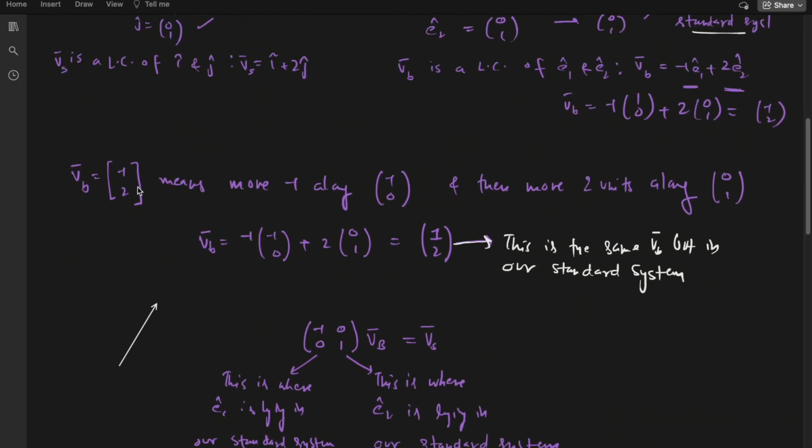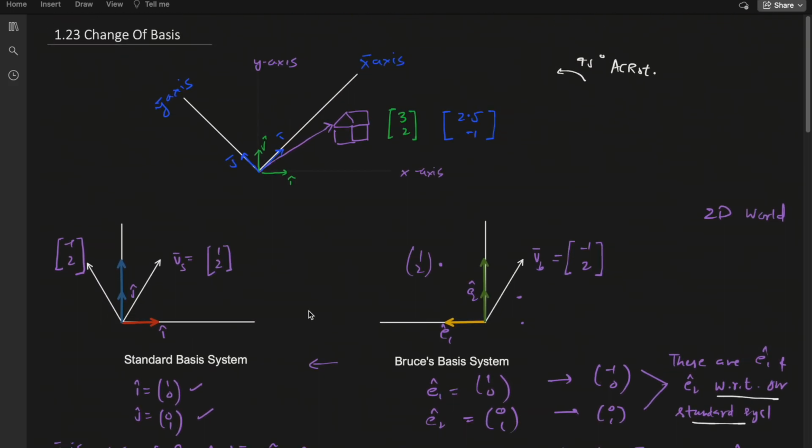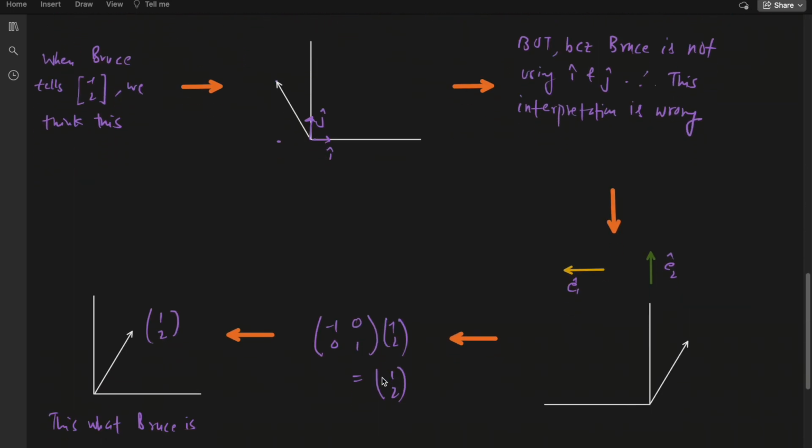So -1 comma 2 is nothing but 1 comma 2 in the standard system. When we convert this vector 1 comma 2 from the standard basis system to Bruce's basis system, we should get -1 comma 2, because these are the same vector. So let's see if we get that or not.